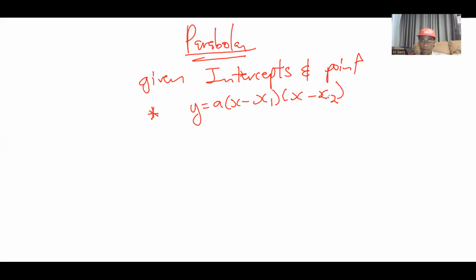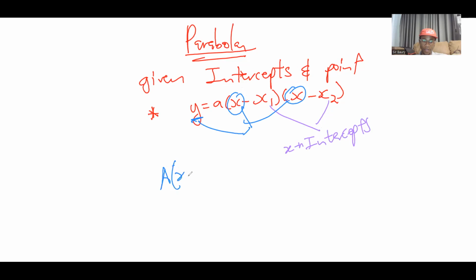These represent the x-intercepts, and these come from a point, x then y. So for intercepts and a point, you use this. You substitute here, solve for the value of a, then you get the whole equation.